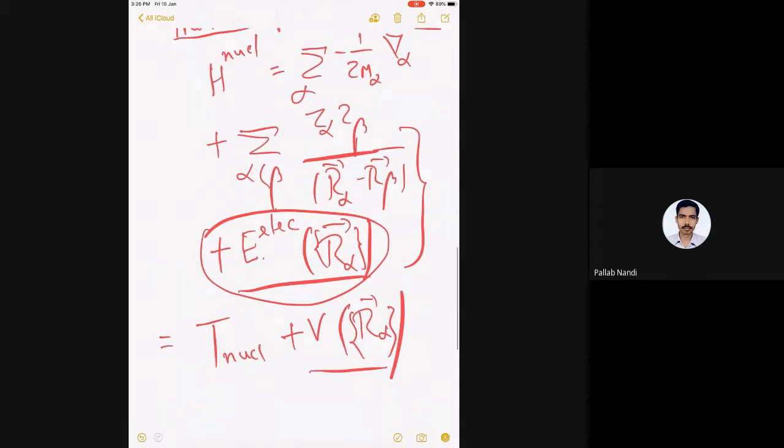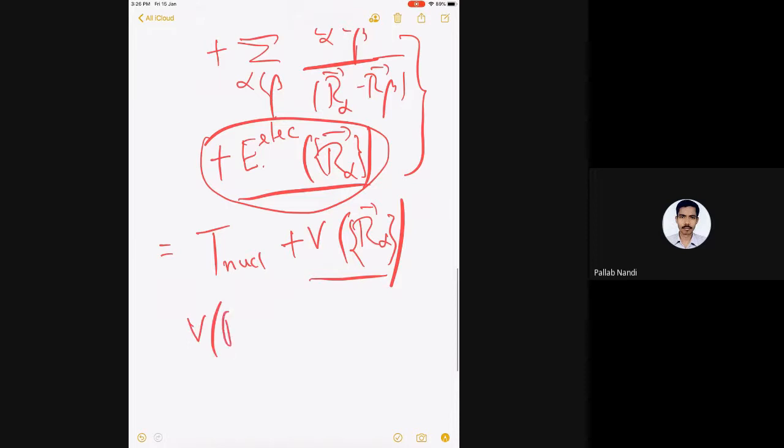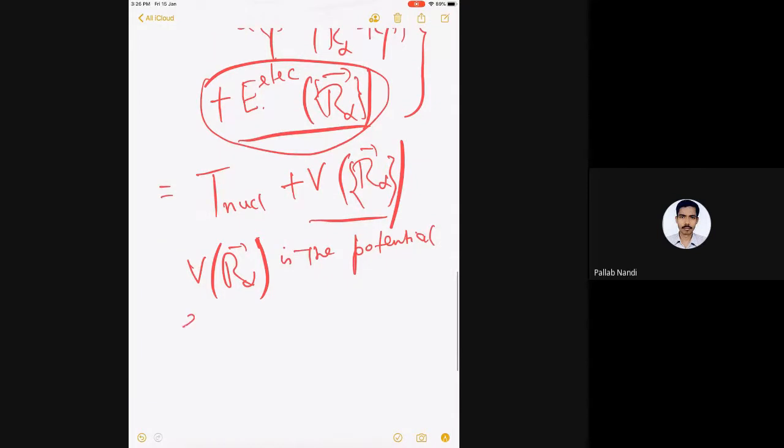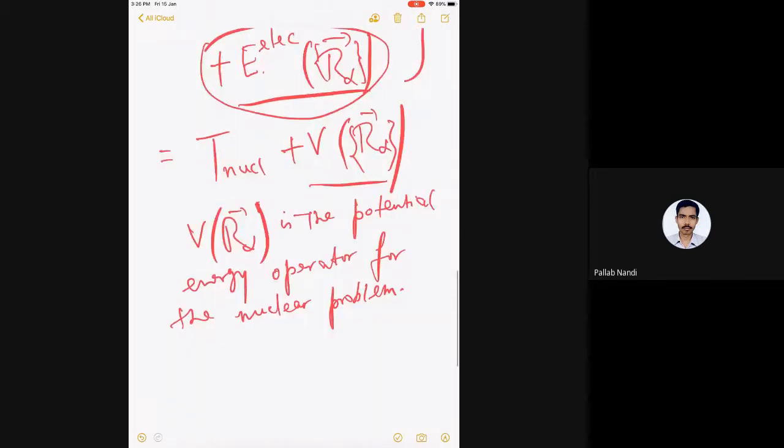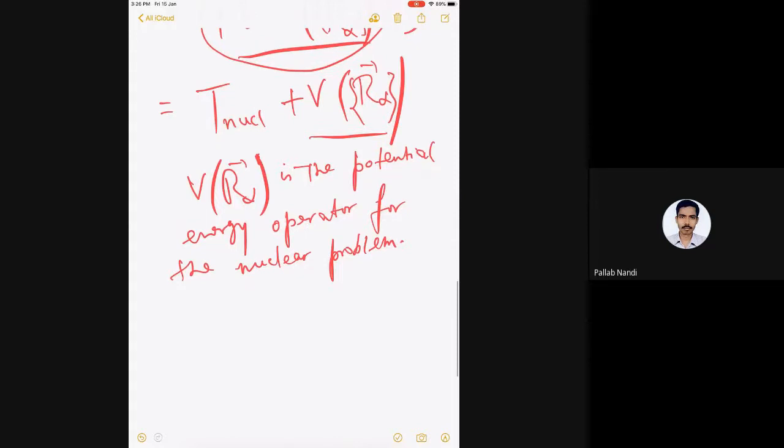It's very important to realize that V of R alpha, a new term I am now defining, is the potential energy operator for the nuclear problem. And there is a nice name used for this quantity: it is called the potential energy surface.